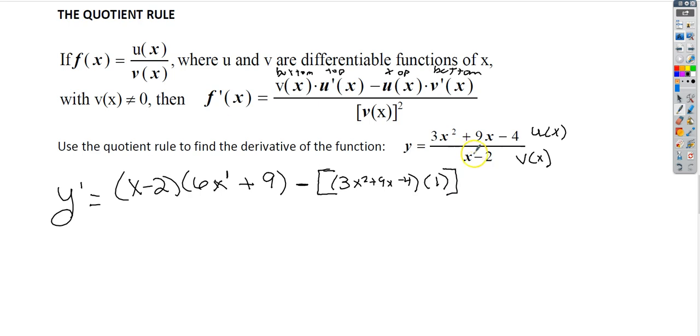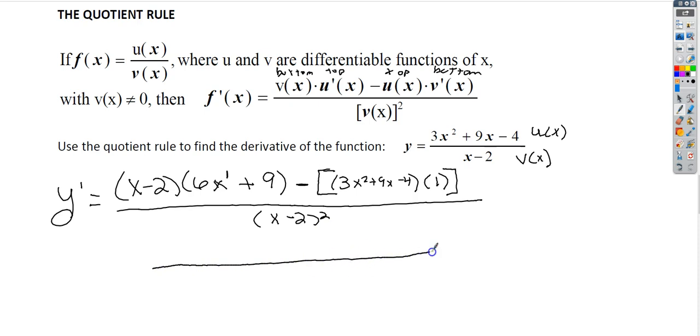Since that's a 1, 1 minus 1 is 0, that's why we just have 1. The reason I put this bracket is because once you multiply, the subtraction has to go to everything. This subtraction is simply just a simple one. And then on the bottom is this squared.